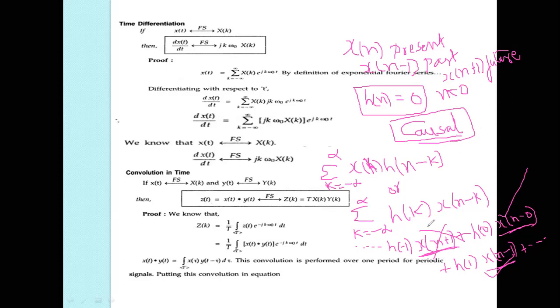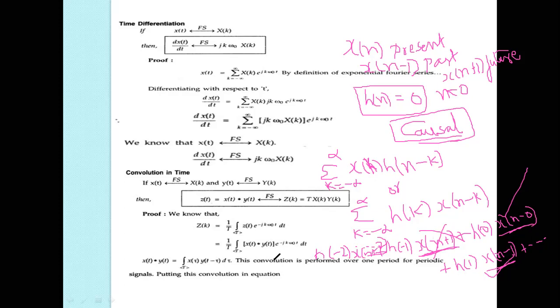So to get the negative values, all the negative values become 0. The input is not equal to 0, because here the input is there. The previous values are h of minus 2 with x of n plus 2, and h of minus 3 with x of n plus 3.